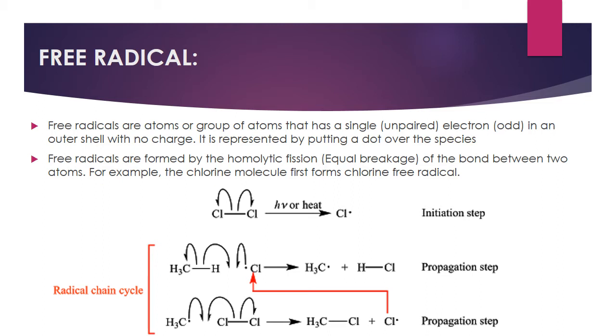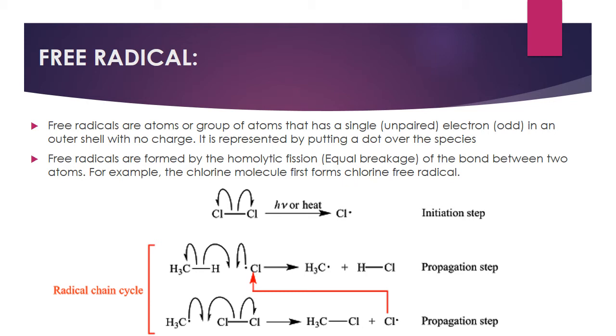It is represented by putting a dot over the species. With no charge, the electron will be of the atom. Atom का वो अपना electron होगा लेकिन unpaired form में होगा. That's why उसको हम dot की form में उस atom के साथ show करेंगे या उस species के साथ जो कि free radical होगी. Free radicals are formed by the homolytic fission, equal breakage.